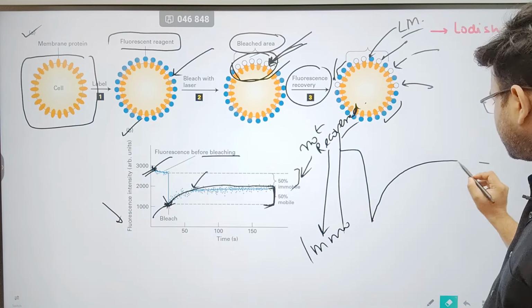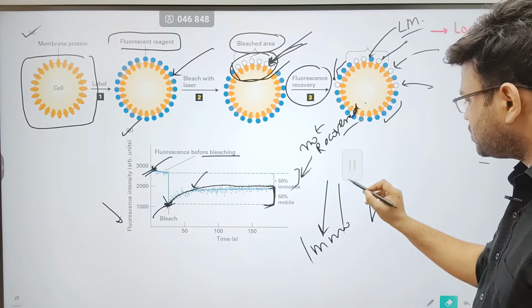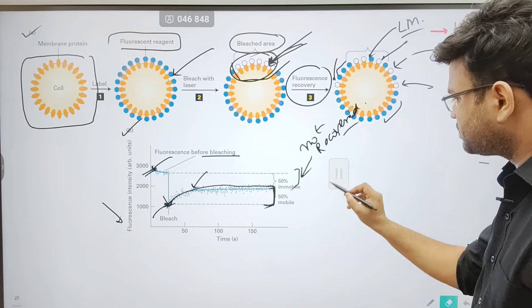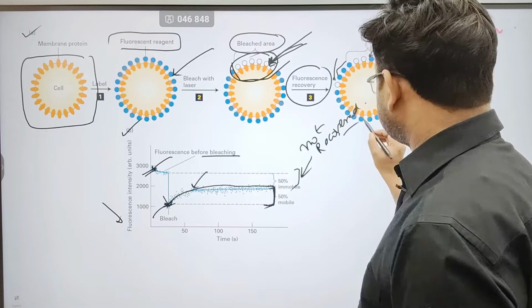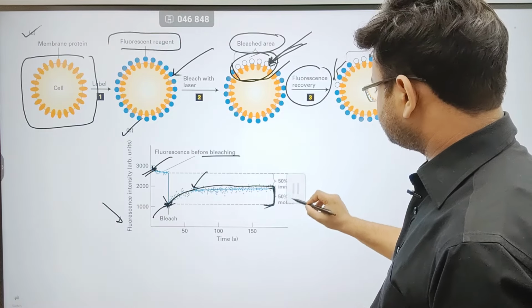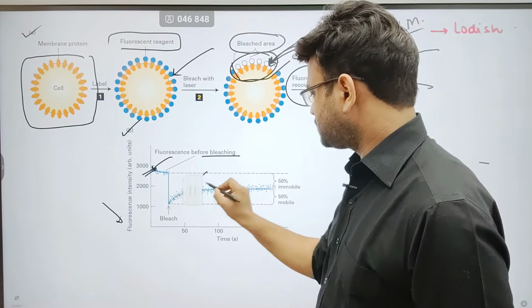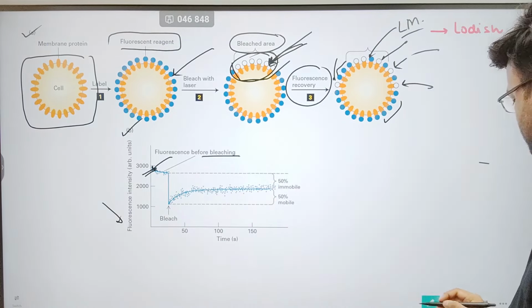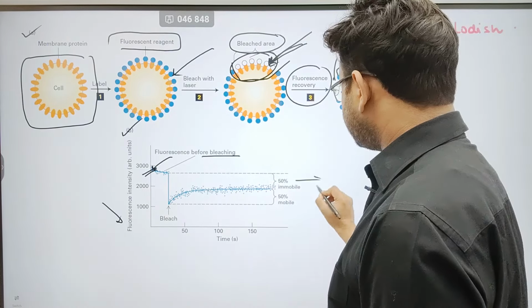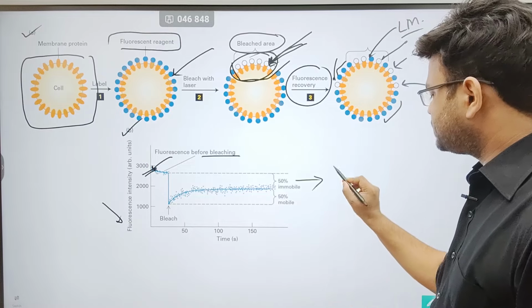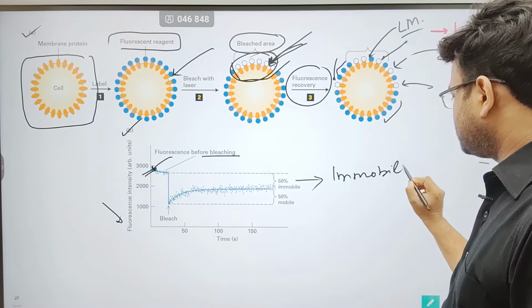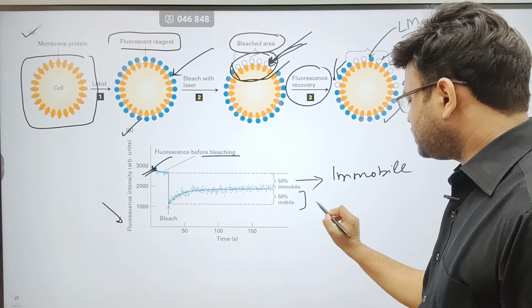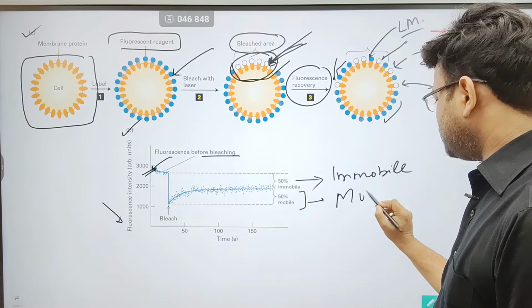So the portion that was not recovered is due to the immobile components, and this portion is because of the mobile components.